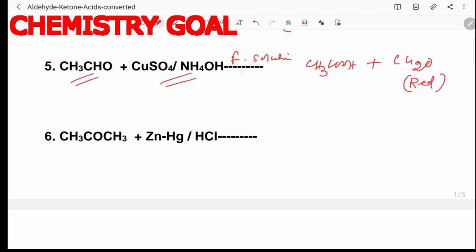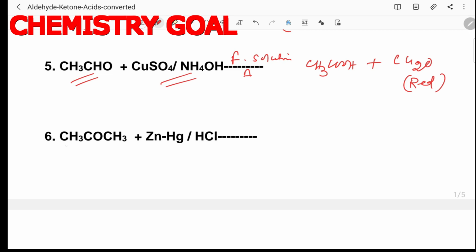This reaction takes place on warming. On heating the solution, the color changes to red due to formation of cuprous oxide, which indicates the presence of aldehyde. It may be any aldehyde.